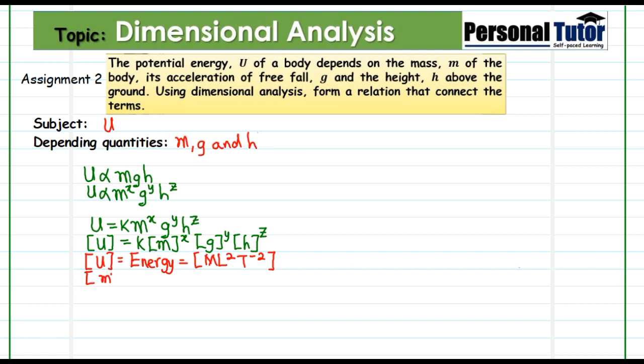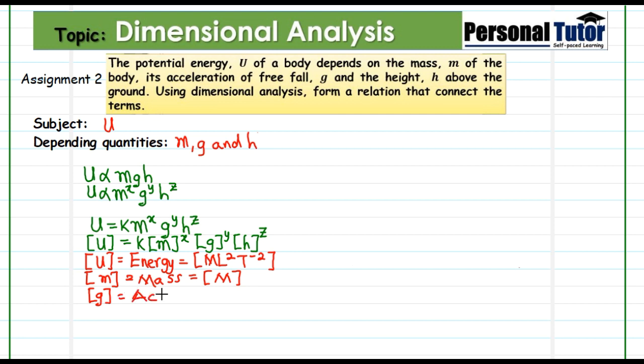Then the m, which is obviously mass, has a dimensional symbol of capital M. The next is the g, which is said to be acceleration of free fall.